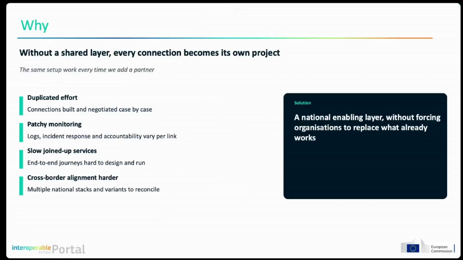For every connection that was its own challenge, often taking weeks or even months to achieve. Everyone was inventing their own wheels, or they were using certain commercial providers that were not compatible, etc., etc. So this was slowing down connections and API use.